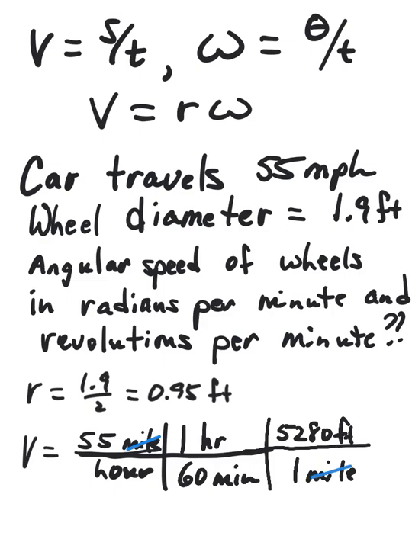That cancels the miles, cancels the hours, and leaves feet per minute. Okay, so our linear velocity is 4,840 feet per minute.